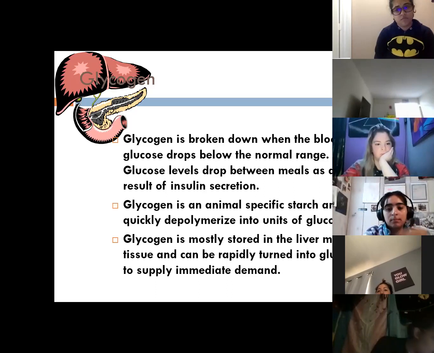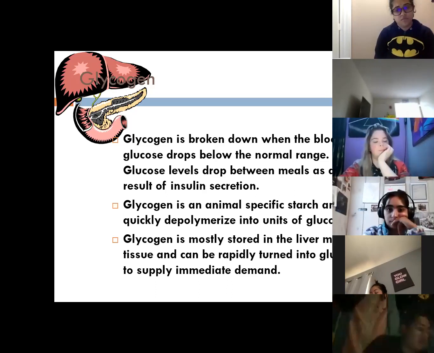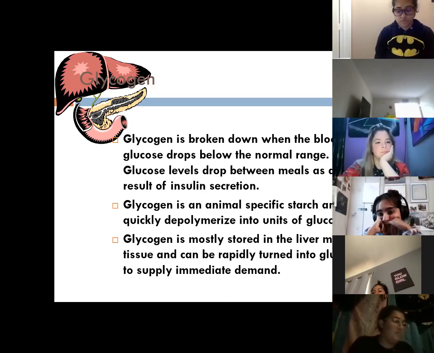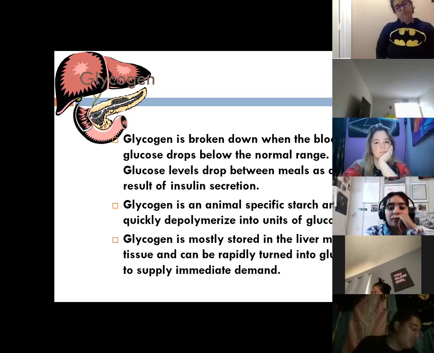So your small intestines, even when you go to bed, are still working. And so what ends up happening is you get this huge spike in blood glucose and it starts to level off.